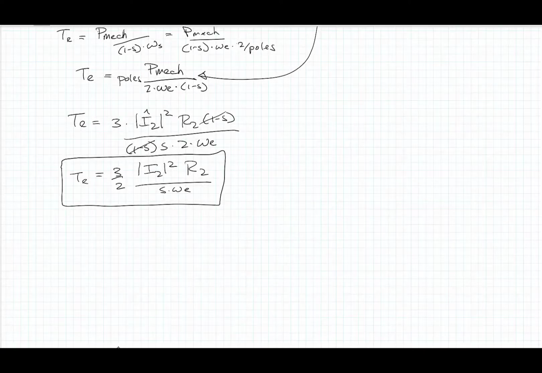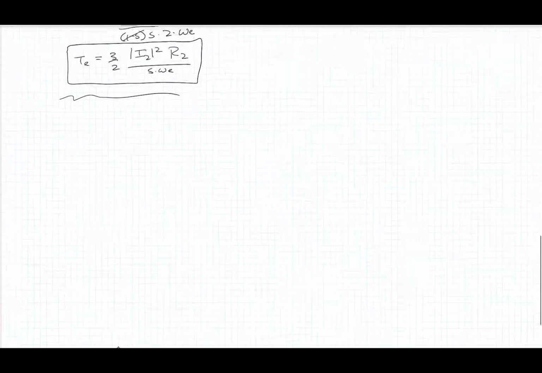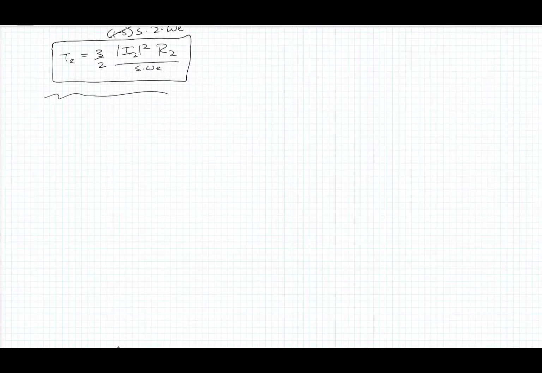Okay, so to summarize what we have now are 2 equivalent circuits so far. I'm going to write them kind of the way they are in the textbook.